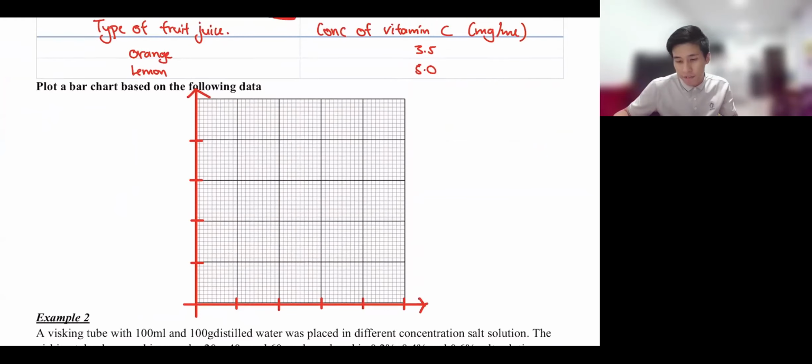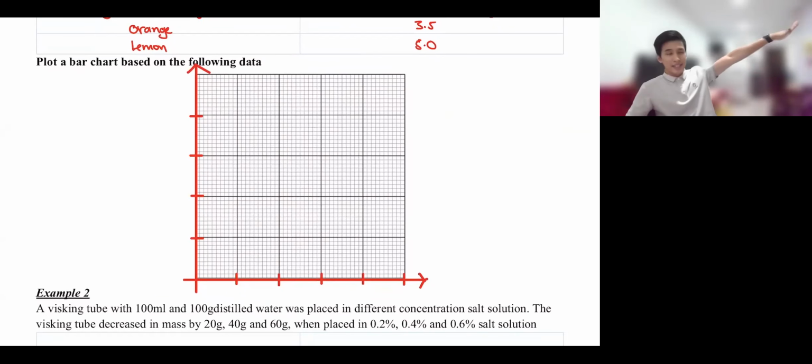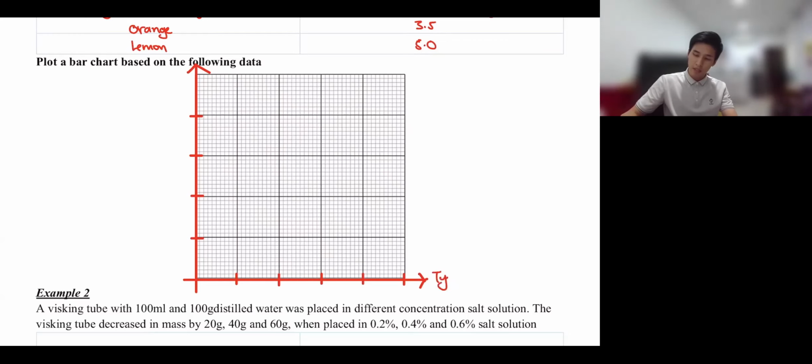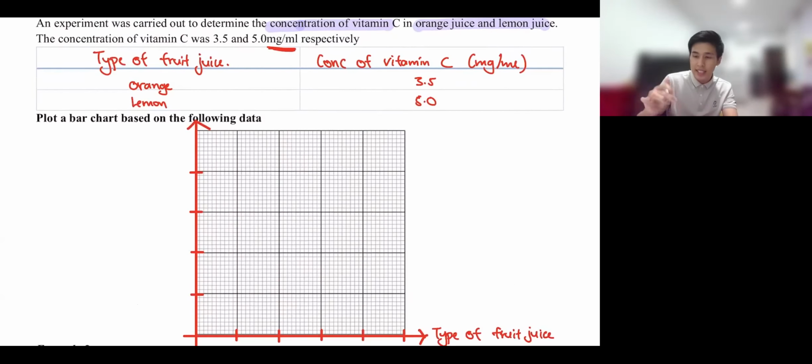Now, draw the graph. The x-axis is always your MV, so type of fruit juice. The y-axis is the concentration of vitamin C.